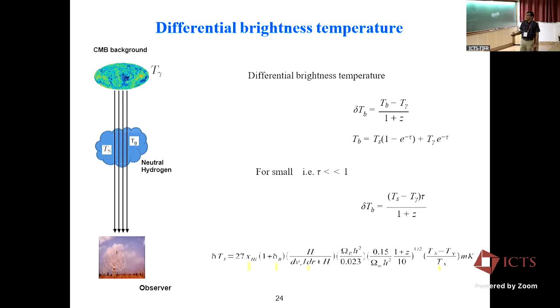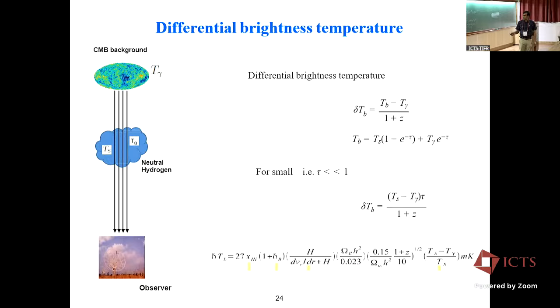So if you want to model the 21 centimeter signal from cosmic dawn and the epoch of reionization, you have to calculate this delta TB, and that depends on the spin temperature, the CMB temperature, and also the density delta B, that is the overdensity that Tirth talked about, the baryonic density and the Hubble parameter.